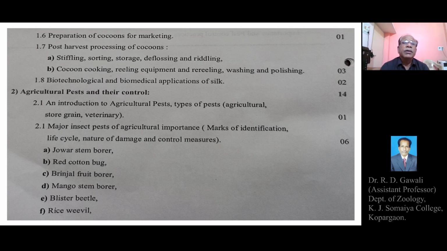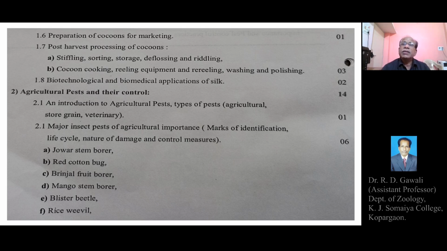Then next step is sorting. Sorting is where we separate the large sized cocoons, medium sized cocoons, small sized cocoons, then cut cocoons, double cocoons, and flimsy cocoons, before we reel them, or before we unwind the silk thread and reel it into raw silk.